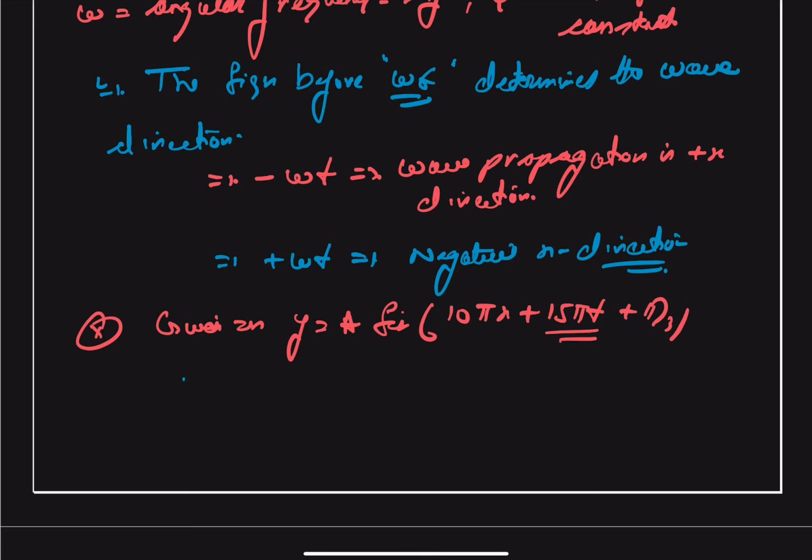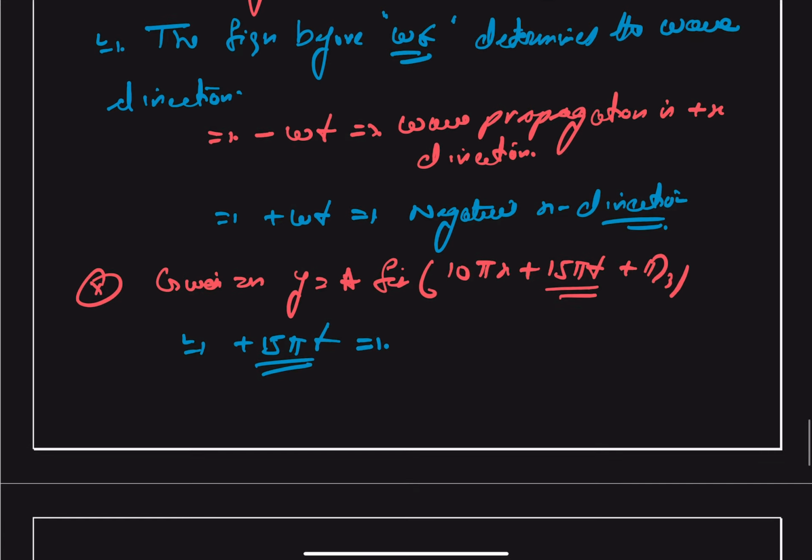So we can say from here, plus 15πt gives us that wave propagation is in the negative x direction.